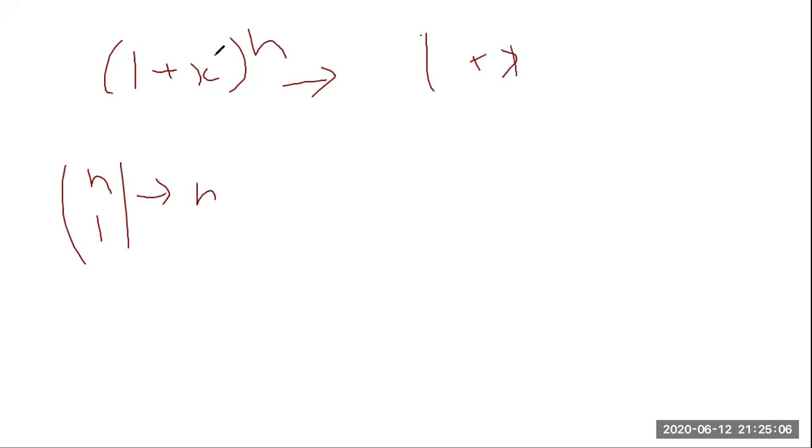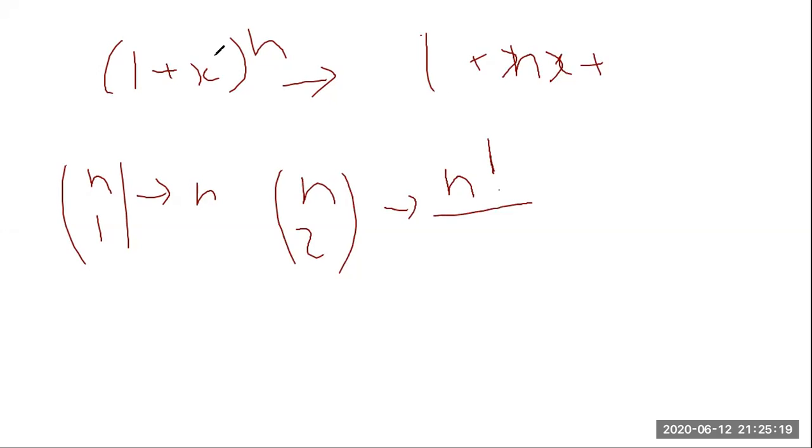So we get 1 plus nx, and for the next one, nC2 is n factorial by (n minus 2) factorial by 2 factorial, and n minus 1 by 2.